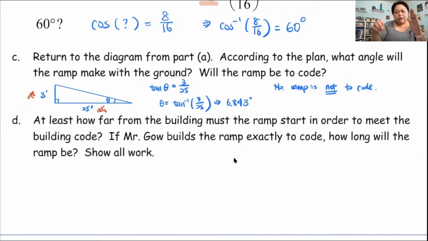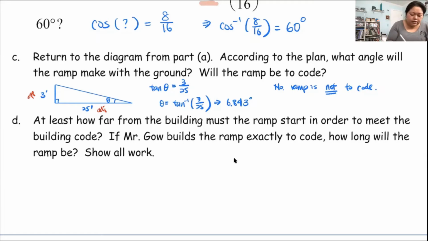But if it's a longer ramp, you can make this a little bit less steep. So the angle is smaller as your ramp is longer versus shorter. So a shorter ramp is a very steep ramp, but a longer ramp is a lot less steep, which means the angle is a little bit smaller.